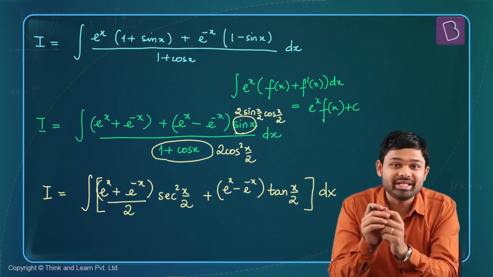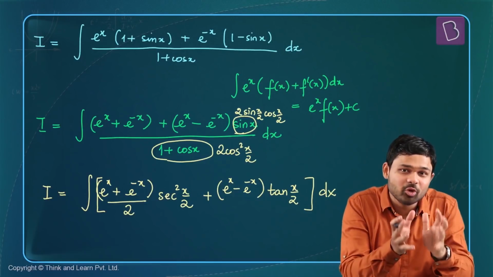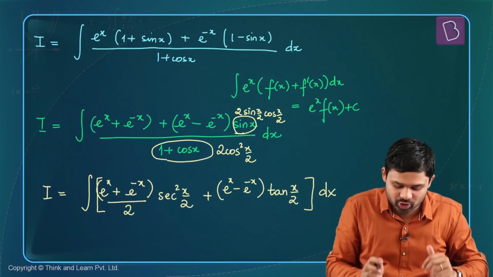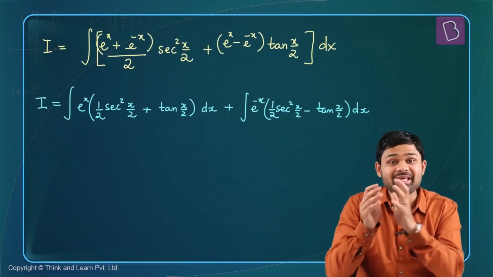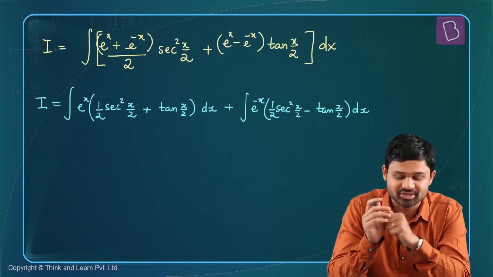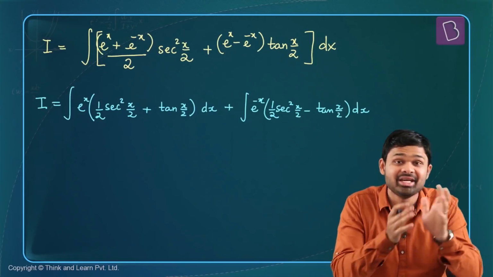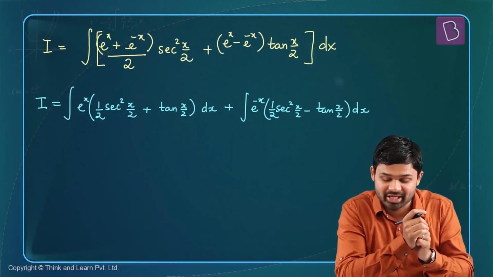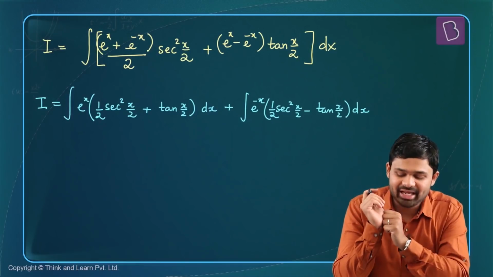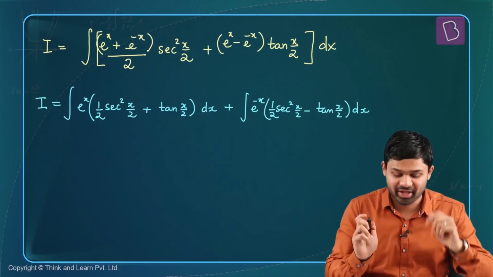So now what I do is I am going to split up the e power x's and e power minus x's and group secant square and tan together in this particular way. E power x is going to multiply 1 half secant square x by 2 plus tan x by 2 dx. And the other integral will be e power minus x multiplying half secant square x by 2 minus tan x by 2 dx. In a very beautiful way, I have rewritten everything.